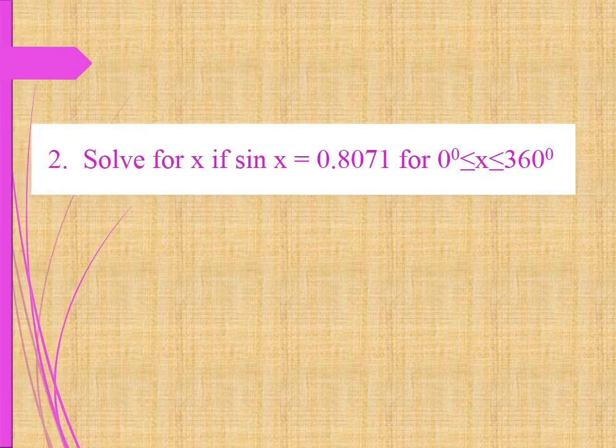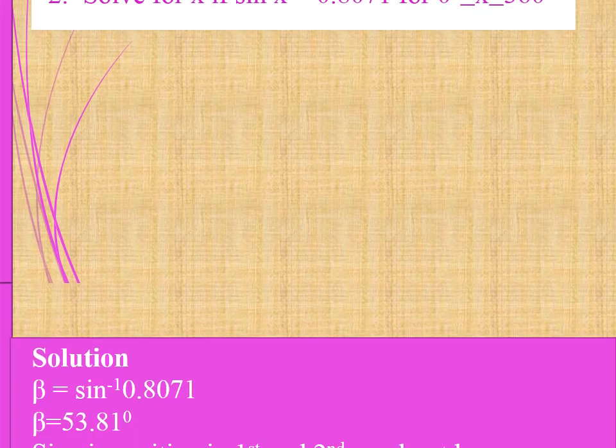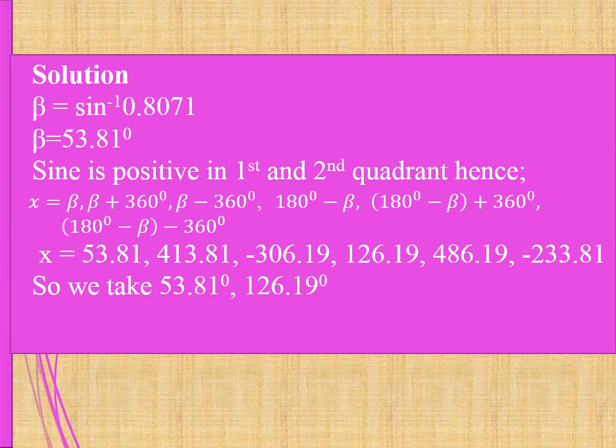Example 2. Solve for x if sin x is equal to 0.8071 for 0 degrees less than or equal to x less than or equal to 360 degrees. Solution. Beta is equivalent to sin inverse of 0.8071.